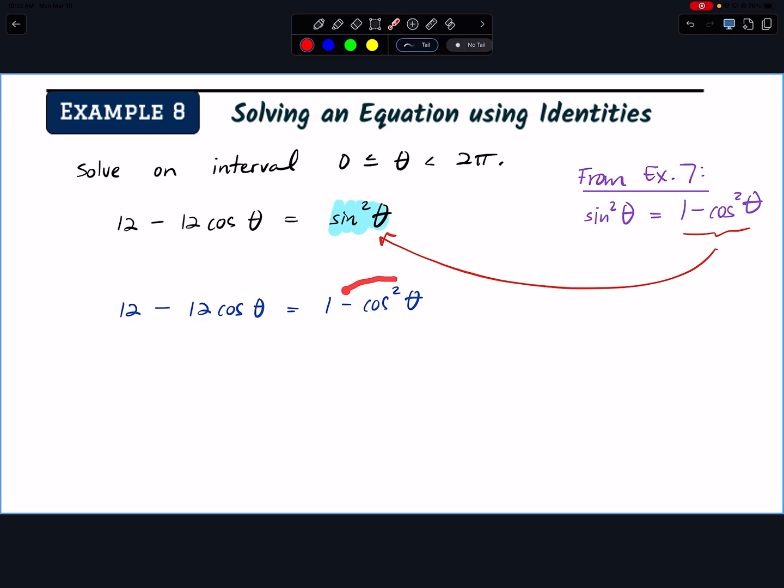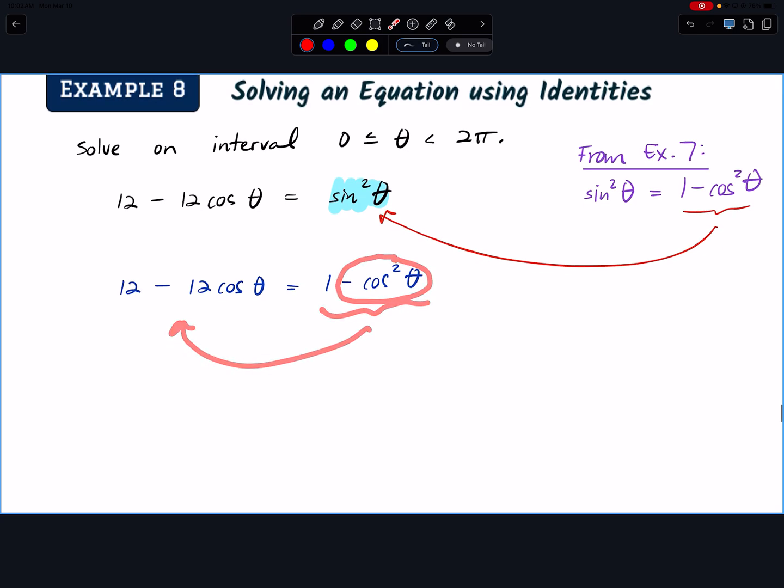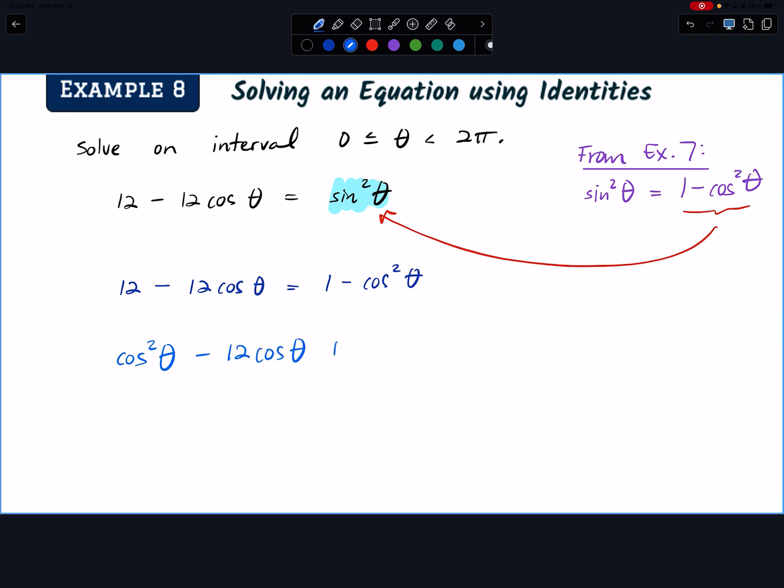Now this is quadratic and it's negative, so I'm going to move these two terms to that side. So if I do that and make things look nice, I'm going to get cosine squared theta minus 12 cosine theta plus 11 is equal to 0.